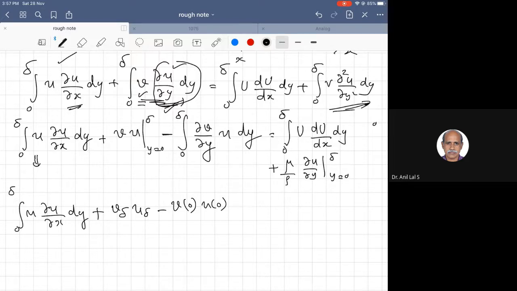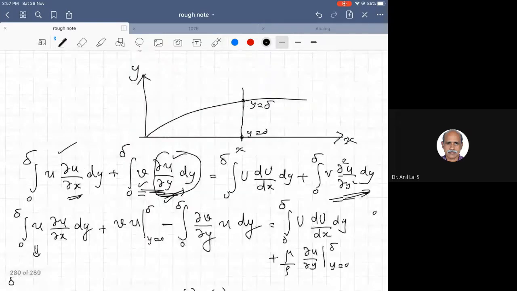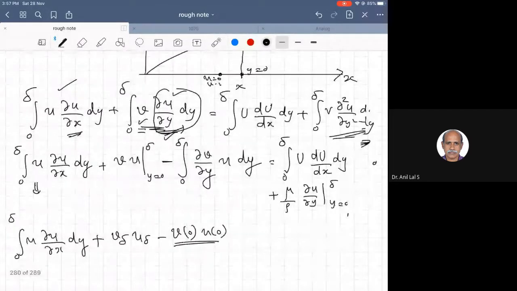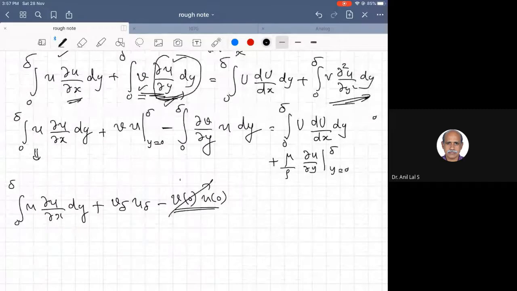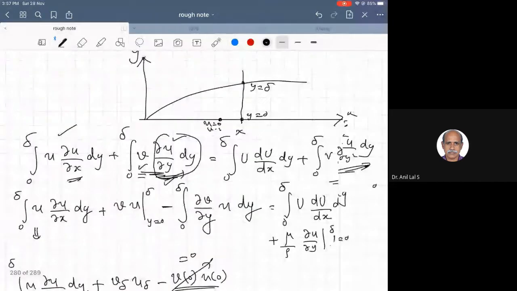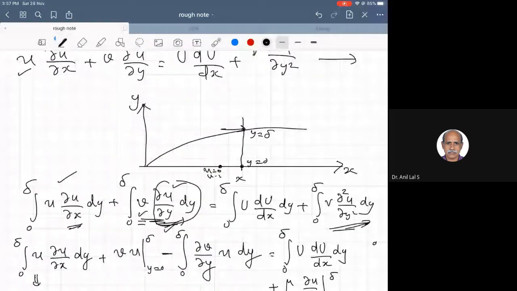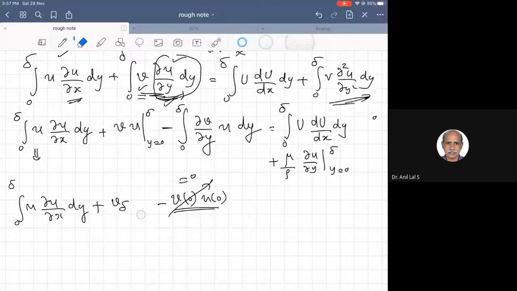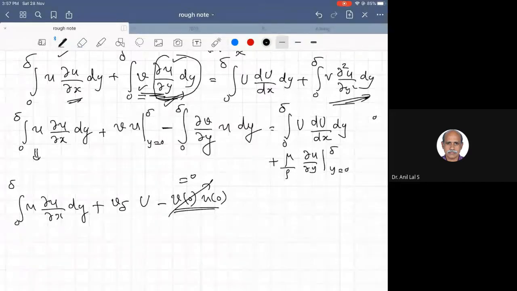We know by the no slip condition that u at y equal to 0 is equal to 0 and v at y equal to 0 is equal to 0, so these two are 0. What is u at delta? u at delta is the value of u at the edge, that is the potential flow velocity. So u at delta becomes equal to capital U.